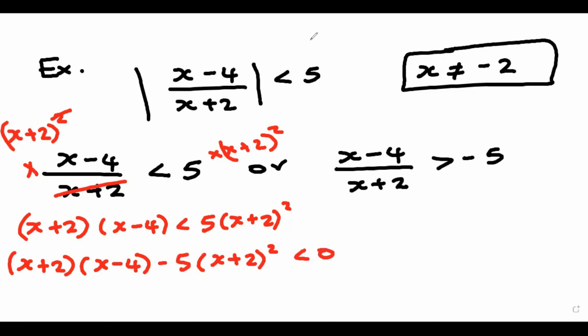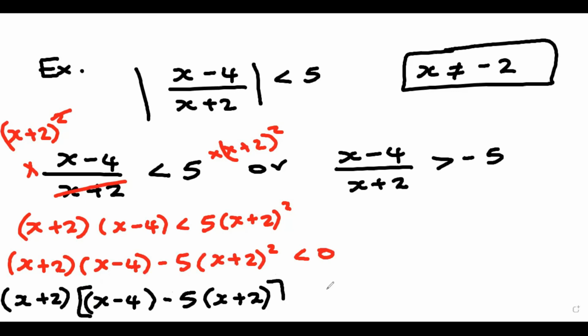Here you could factor out x plus 2 because it is common. Then you'd have a big bracket with x minus 4 minus 5 times x plus 2, less than 0.